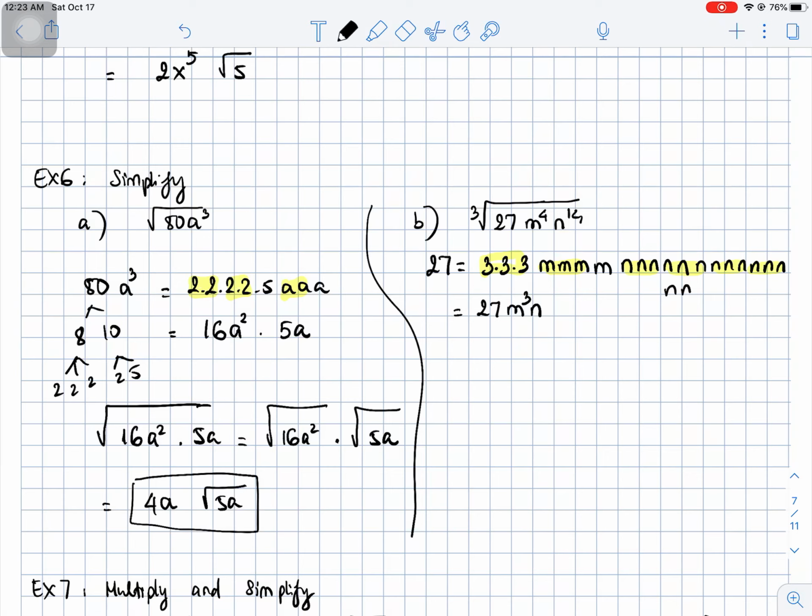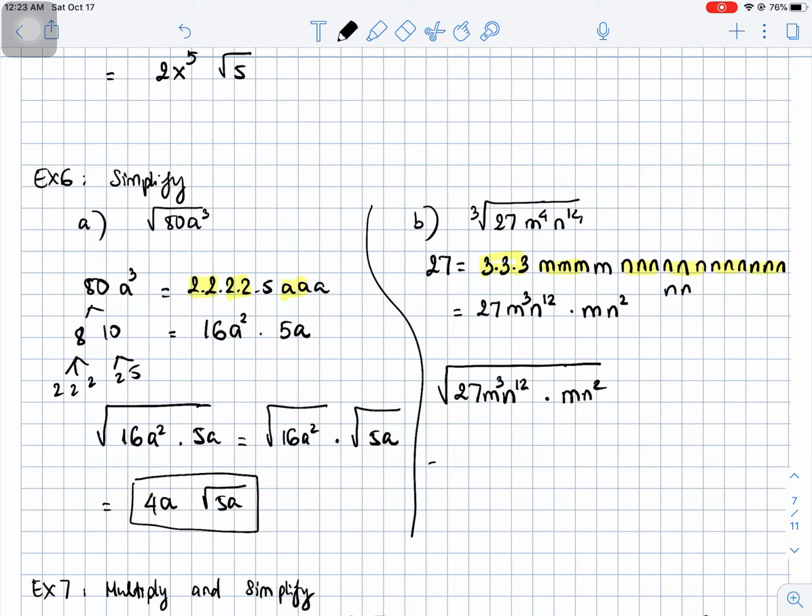So we have 3 of the 3, 3 of the m, 3 of the n, we have more 3 of the n, more 3 of the n, and more 3 of the n. So for the highlight, we got 27 m cubed, and n we count, we got 12 of them.